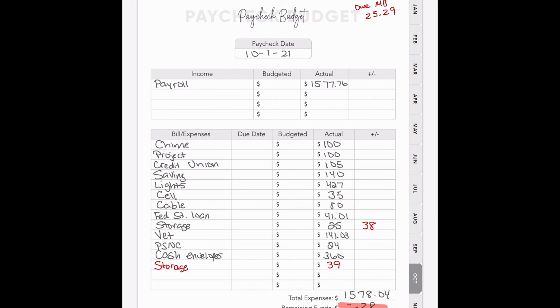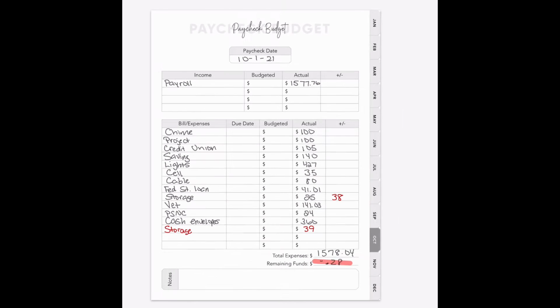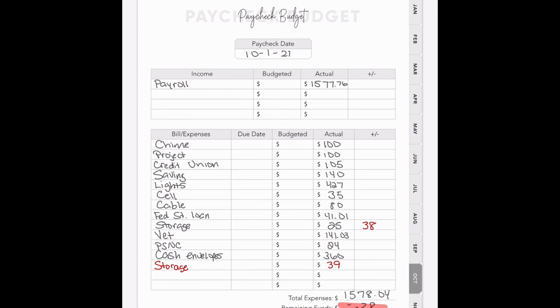So for the first paycheck, for October the 1st, what I did was the payroll. I did the Chime, credit union, project, savings, lights, cell, cable, student loan, storage.